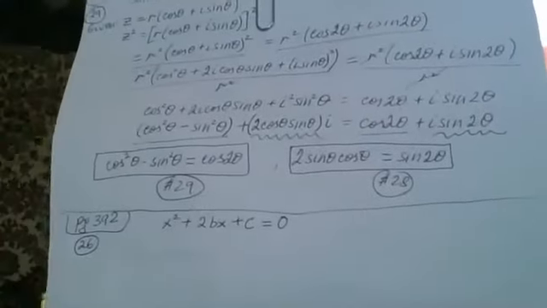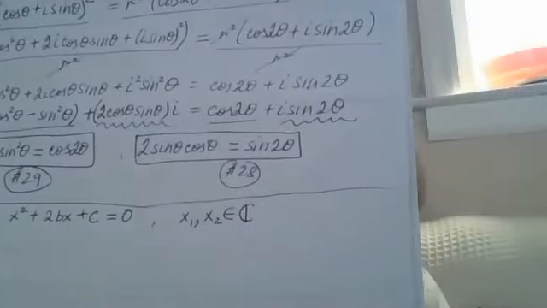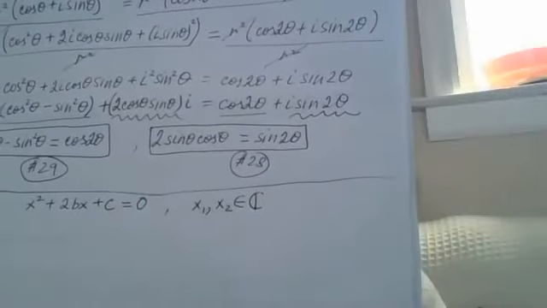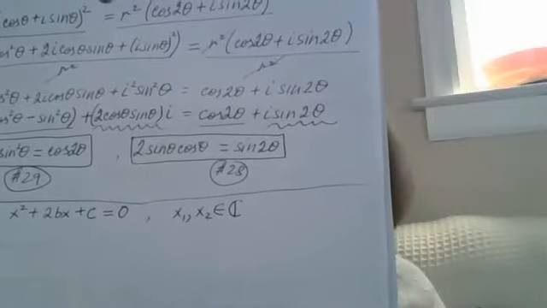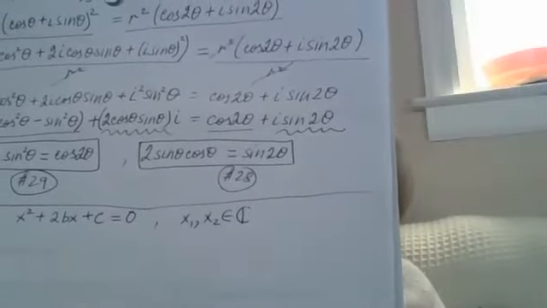As you can see, this is a quadratic equation. Our x1 and x2 are complex numbers. x1 and x2 both belong to set C, which is the set of all complex numbers.